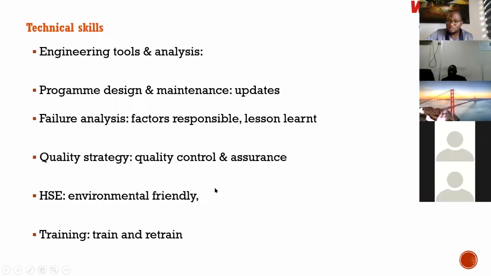So you do the training on entrepreneurial engineering, on business management, on engineering law, and ethical compliances. You do the training on your core area, if you are into structural engineering, mechanical engineering, electrical engineering, and all the rest of it.